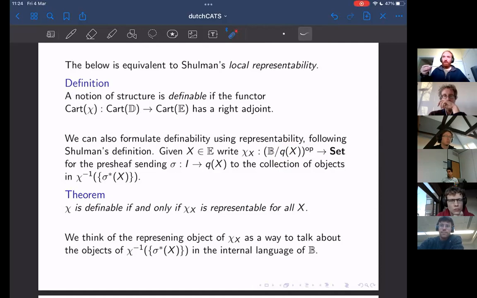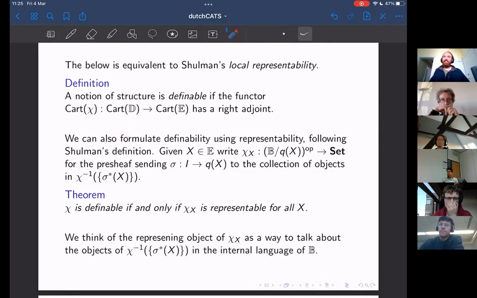And the fact that this is a representing object for the presheaf is saying that this object of the topos corresponds precisely to the stuff that's going on up in the fibration, which is external to the topos.